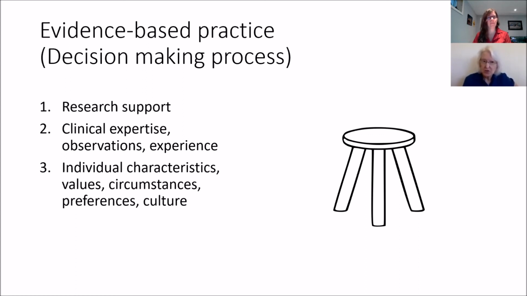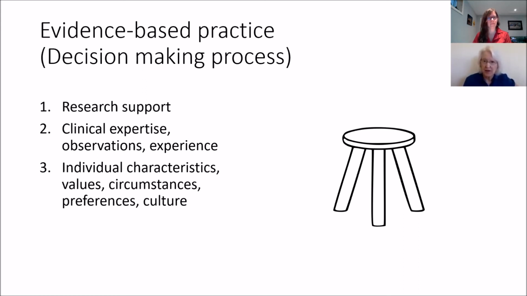There's research. The second part is clinical expertise. So the experience of the clinician who's helping to make this decision, what is their experience? What are their observations? And thirdly, knowing about the individual characteristics of the child, the family.